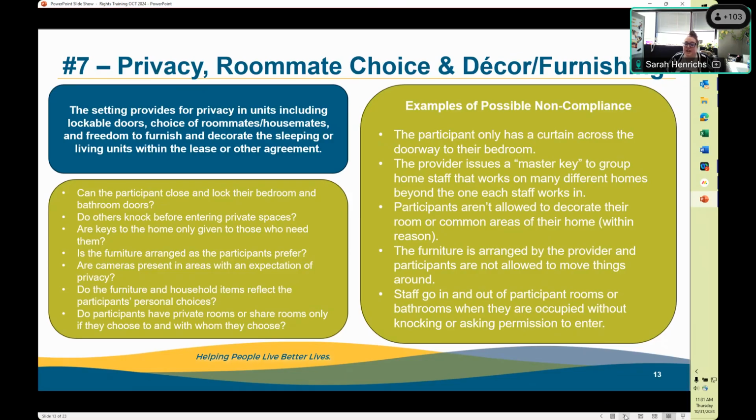Participants aren't allowed to decorate their room or common areas of their home within reason. Most of us have probably rented a home or an apartment in our lives, and we know that there are some things you can't do, like remodel. But there are some things you can do within reason, like hang pictures on the wall, and our participants should be able to do that too.